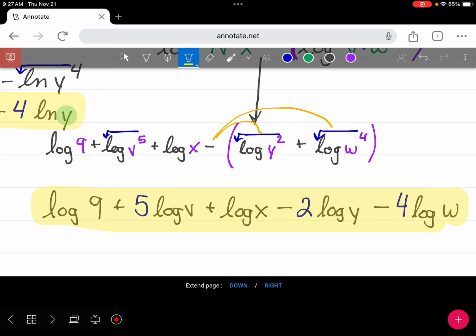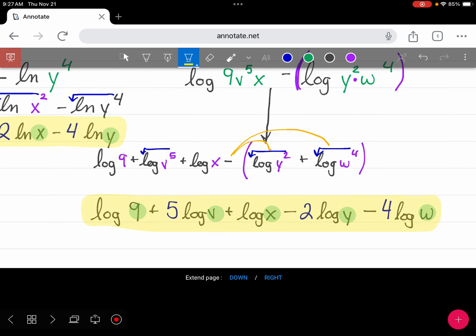So this is our fully expanded outwards logarithm. Okay. Two more expandings I want us to do, and then we'll look at condensing.